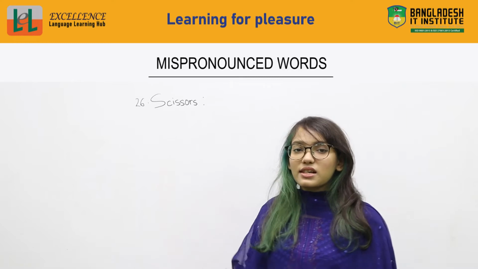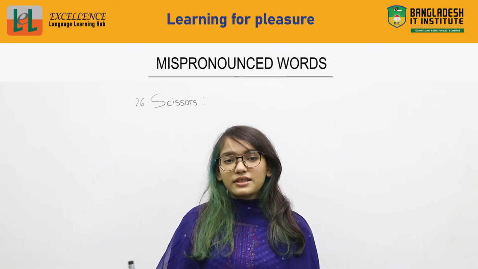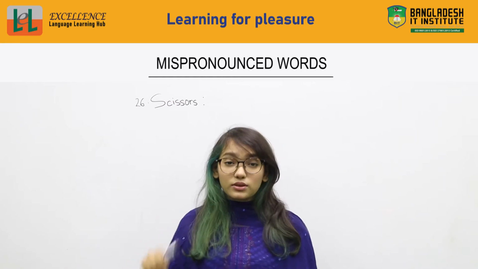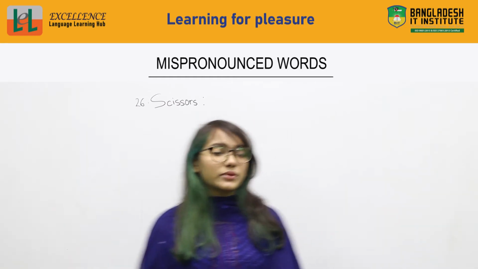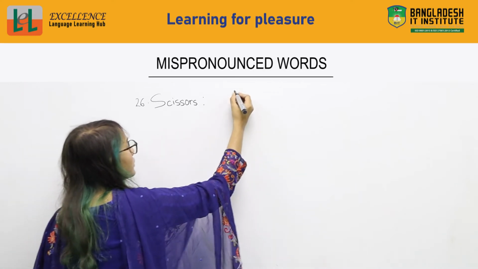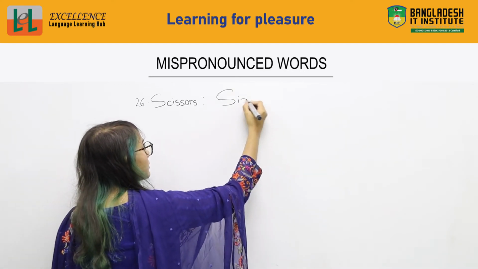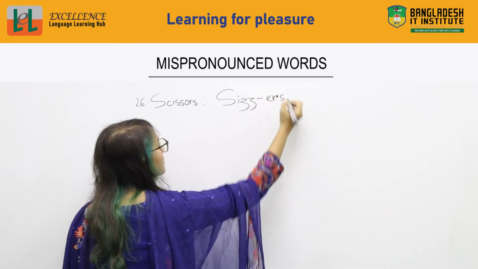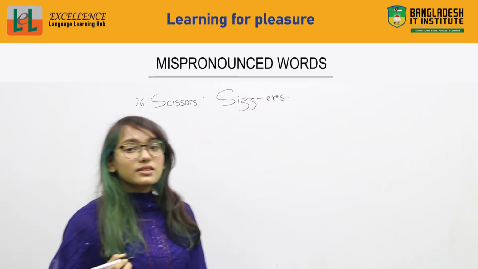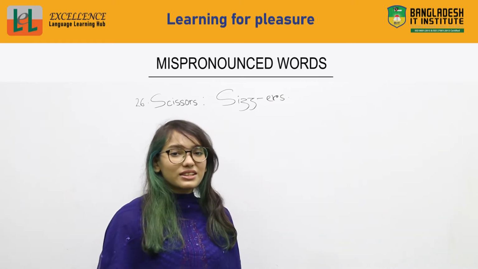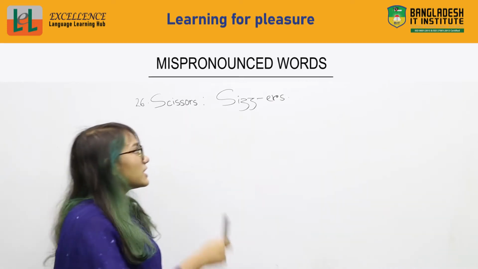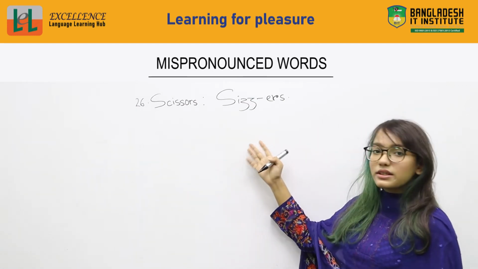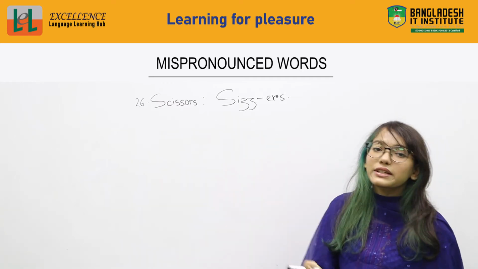So scissors, a common mistake that everyone makes on a daily basis would be "scissor," but in reality it should be pronounced as "scissors," not "scissor." It's not how it's pronounced. "Scissors" is the main pronunciation on how you spell this and how you pronounce the spelling itself.